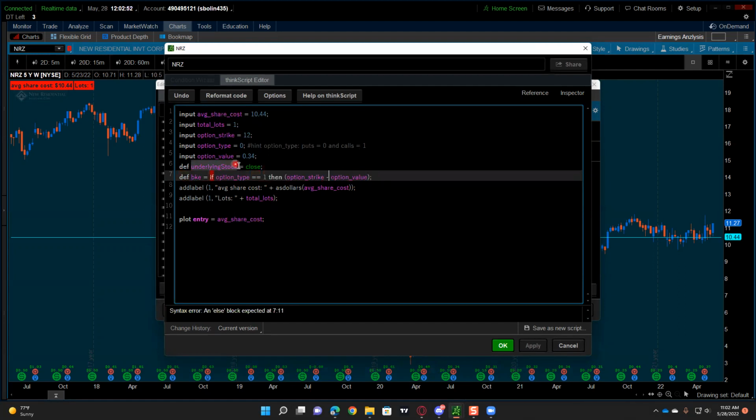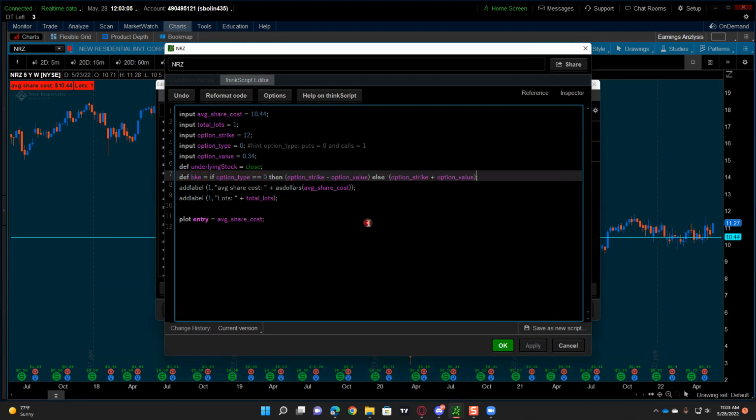Let's set that to minus and set this to 0. Now what we just told it there is if the option type is 0, then use option strike minus option value, and that would be the put side. Otherwise, use option strike plus the option value, and that would be the call side.